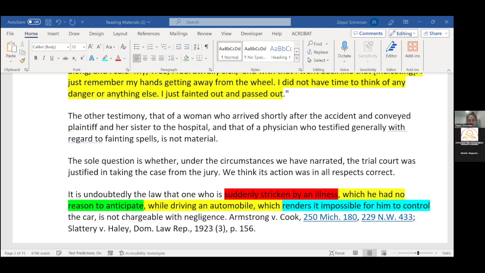What are the key facts? When he never fainted before, didn't feel sick prior, had eaten a good breakfast, and crashed immediately after fainting.